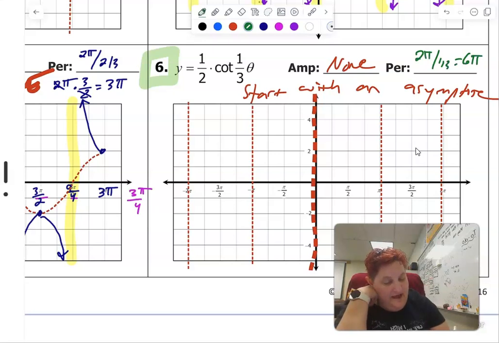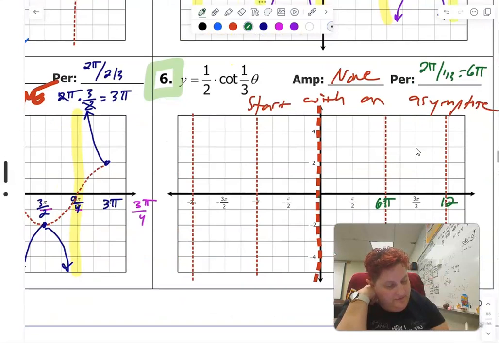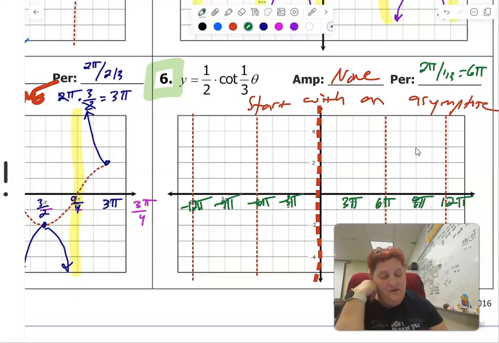Again, that's between every 0 or every asymptote. So between that asymptote and that asymptote is 6 pi. Between that one and that one is 6 pi. So that would be like 12 pi, that would be negative 6 pi, that would be negative 12 pi. And if I cut that in half, 6 pi is 3 pi. So 3 pi, 6 pi, 9 pi. That's how this one's going to go. And that's where all the zeros are. So every other spot is an asymptote or a 0.